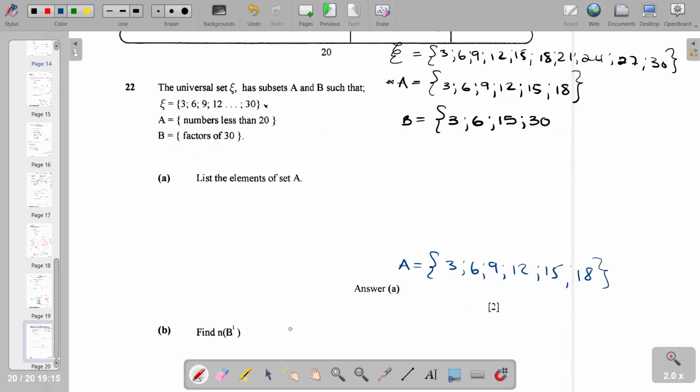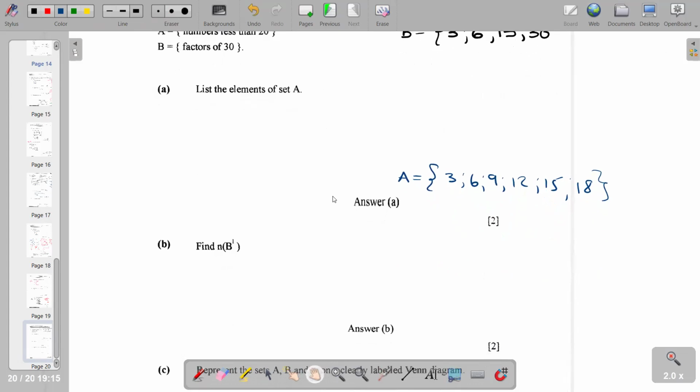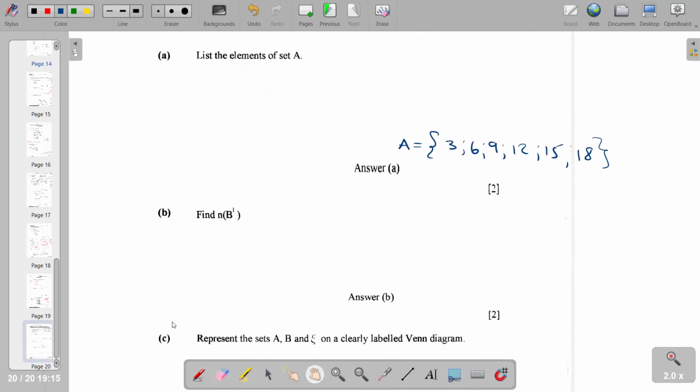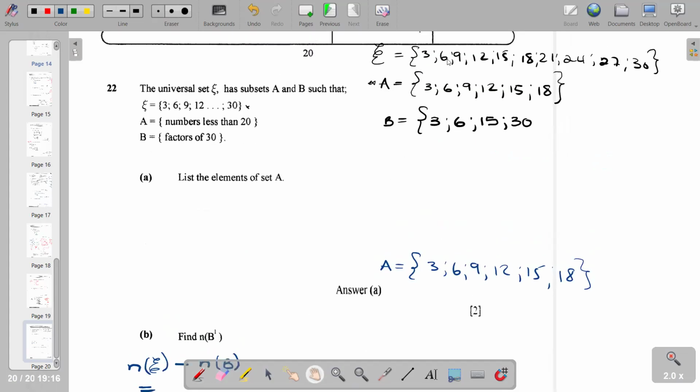Then the next question is saying find the number of elements in B complement. B complement simply means what is not in B. So the number of elements in B complement is the number of what's in the mother set minus the number of what's in B. If you check the mother set, we have 1, 2, 3, 4, 5, 6, 7, 8, 9, 10.